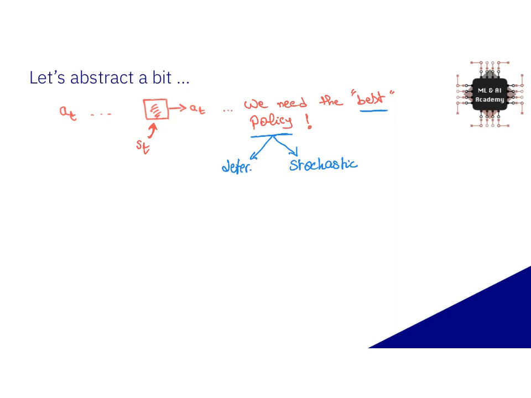You can also have a deterministic policy, which, given a state S_t, will give you the same action A_t. But here's what's hard. Because we don't know the transition dynamics of our environment, remember, P that dictates the transition S_t to S_{t+1} is not known to the agent.